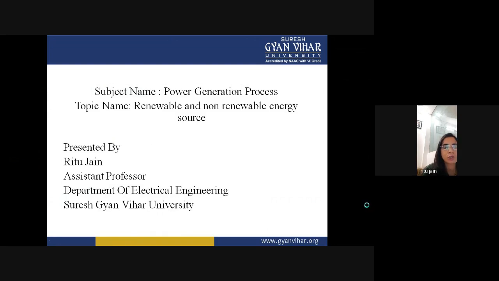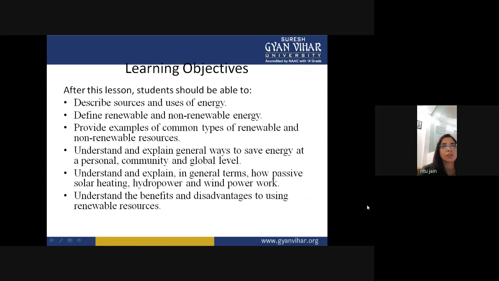The learning objective of this lecture is that after this lesson, the student will be able to describe sources and uses of energy, define renewable energy and non-renewable energy, provide examples of common types of renewable and non-renewable resources, and understand and explain general ways to save energy and how solar heat, hydropower plants and wind energy can be used to generate electricity.